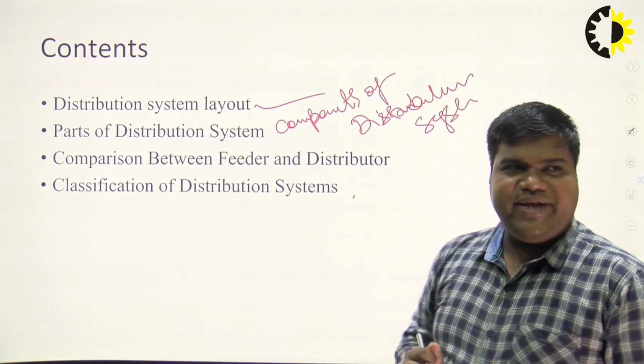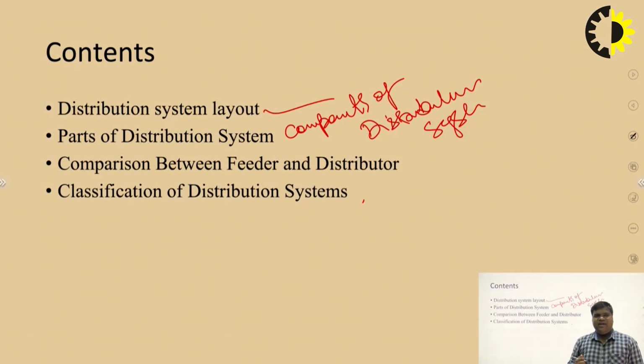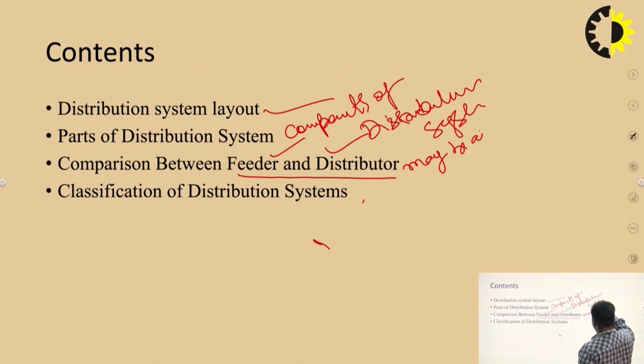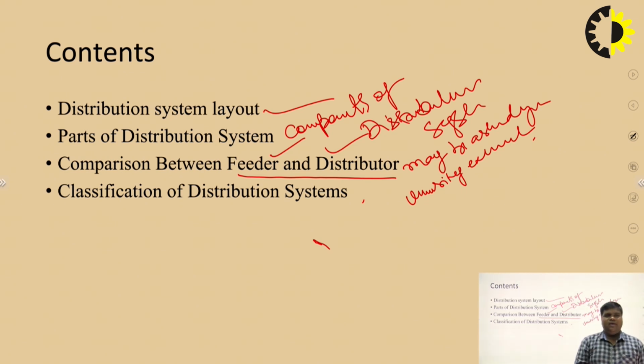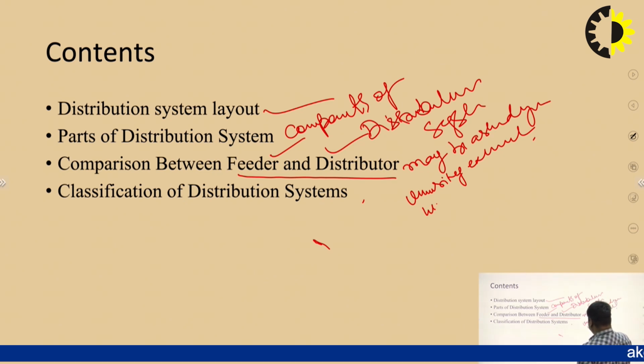The third point is comparison between the feeder and distributor. This term is so important because this difference may be asked in your university external examination, and it may also be asked in your conventional competitive examinations, such as the written exam of SCJE, UPSC assistant engineering, and UPSC ESE.